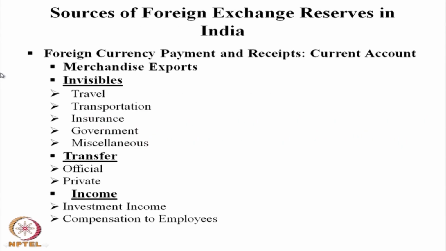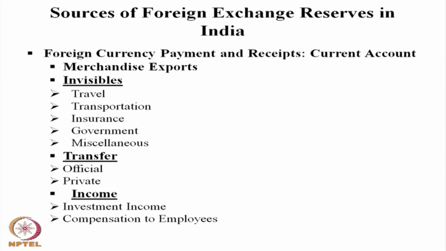Before going to the discussion of optimum reserves, we have to understand how the foreign exchange reserve develops, how India or any other country receives foreign exchange, and what the outflow of foreign exchange is.